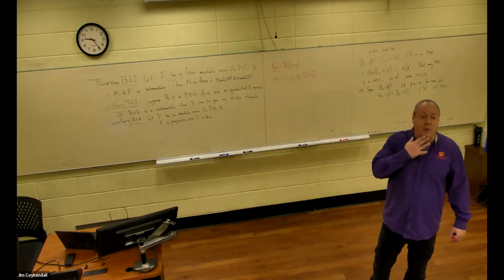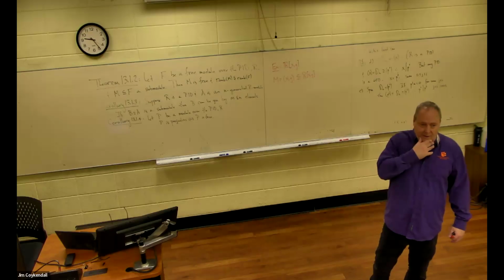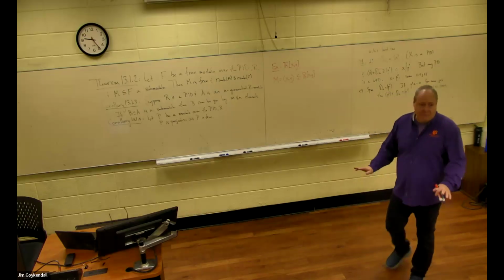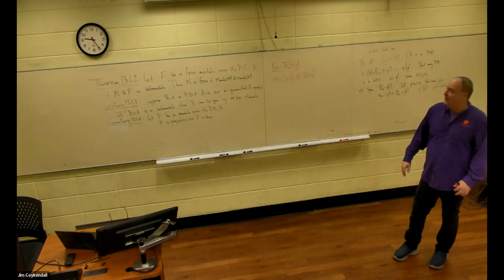It has to be degree 0 in both X and Y. But this is the ideal that contains no constant terms. So there's no way that this is singly generated. Everybody on board with that?